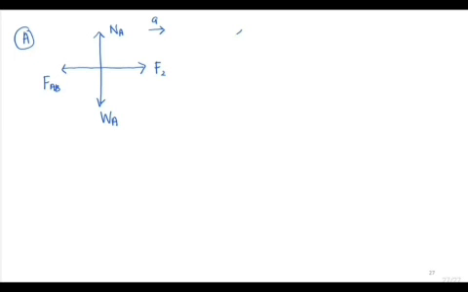We have resultant of force for box A at X component, which is equal to F2 minus FAB. The resultant force of box A at X component also equal to MAA.